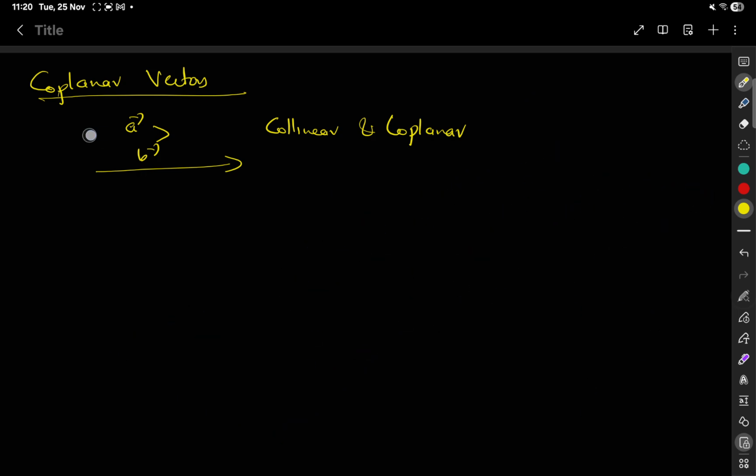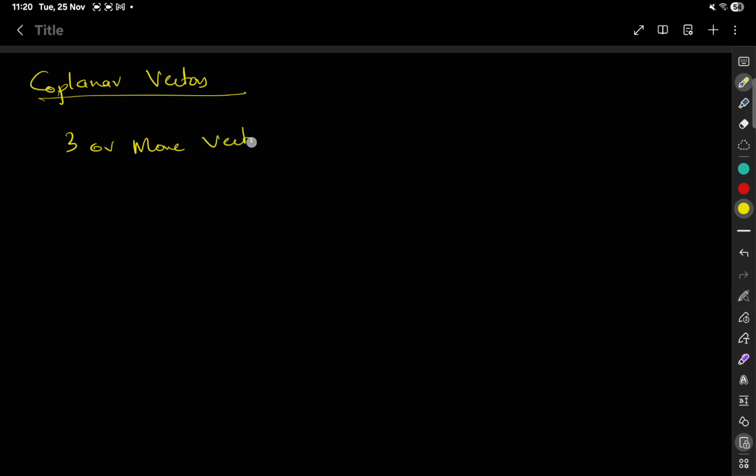So what is the meaning of coplanar vectors? Coplanar vectors means three or more vectors are coplanar if they lie on a plane. Okay, on a plane.